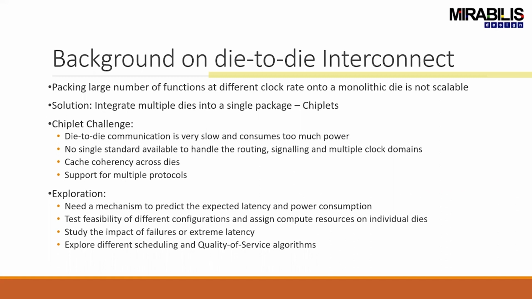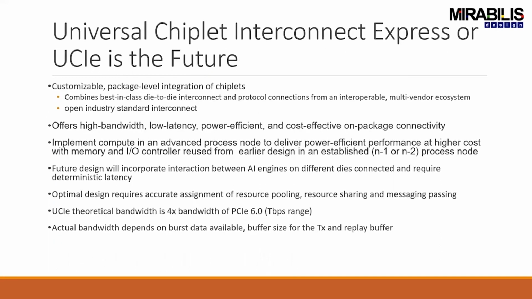Can I say put all my compute resources on one die, put the memory on the other die, the analog on a third one? If I do that, what happens if I have a failure? Or for example, if I have too many concurrent requests, how does that need to be scheduled? And what's the quality of service algorithms I need to deploy in this particular design?